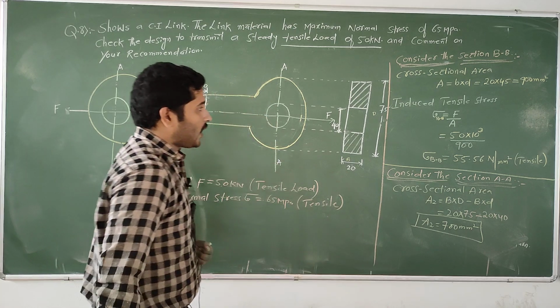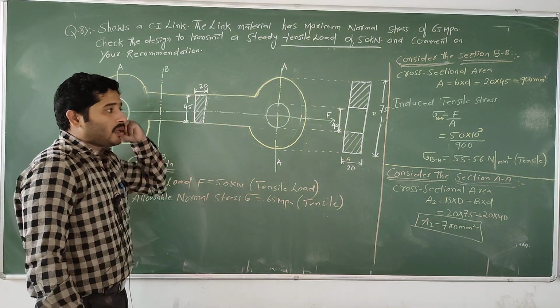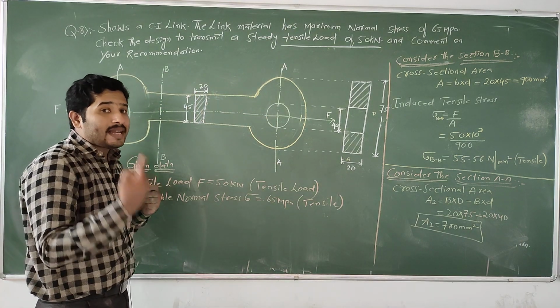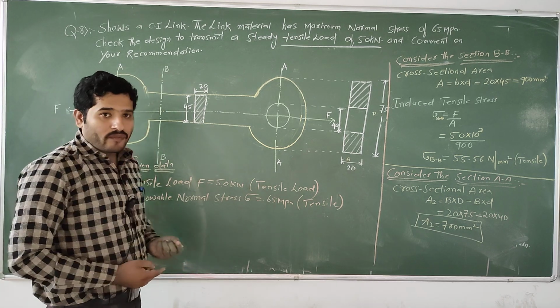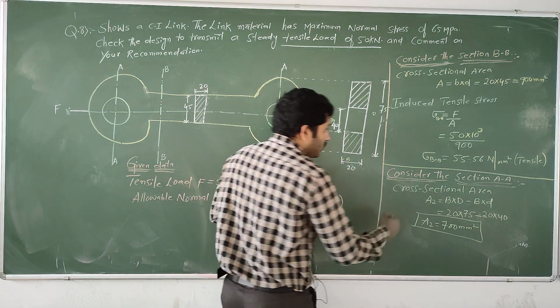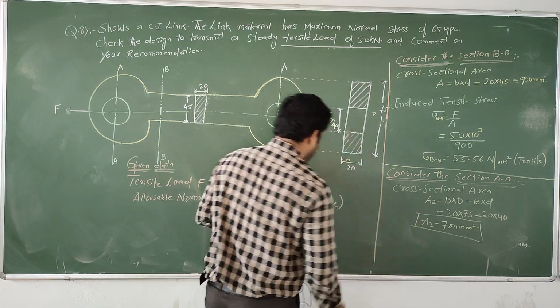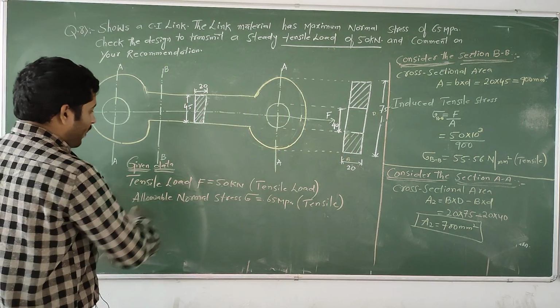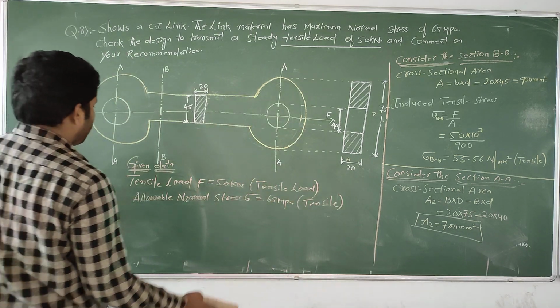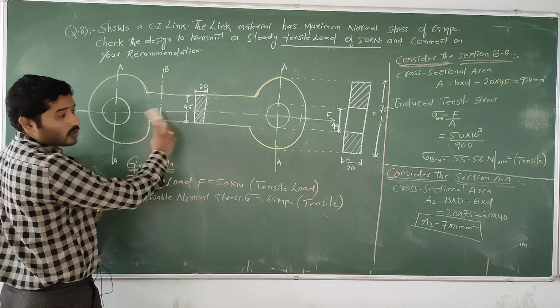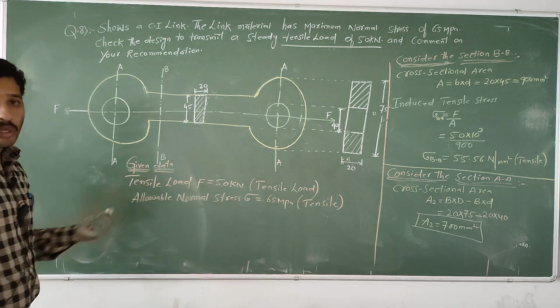Again, we need to find out the induced tensile stress at the section A minus A. Here space is not there, so I will rub this one, and this one also. Please take a snapshot.